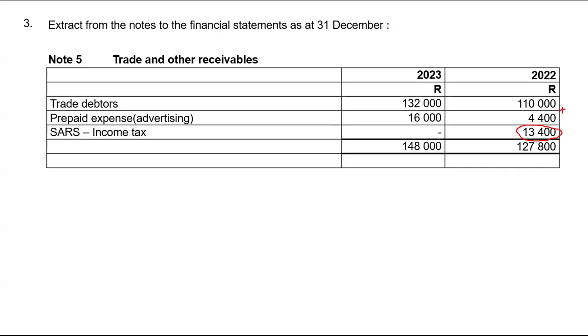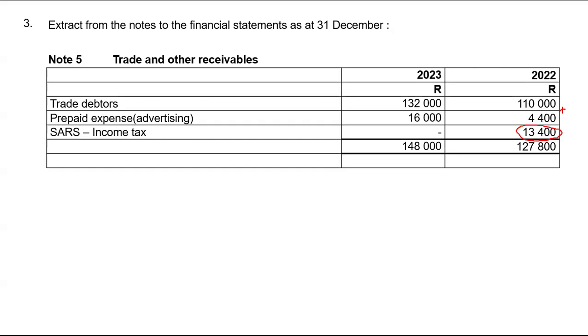So you had a choice of taking 127,800 minus 13,400, that is when it's included and you exclude it. Or you just take 110,000 and add it to 4,400. There it was not included, so you don't subtract. You just add those two, and that will give you trade and other receivables for 2022.